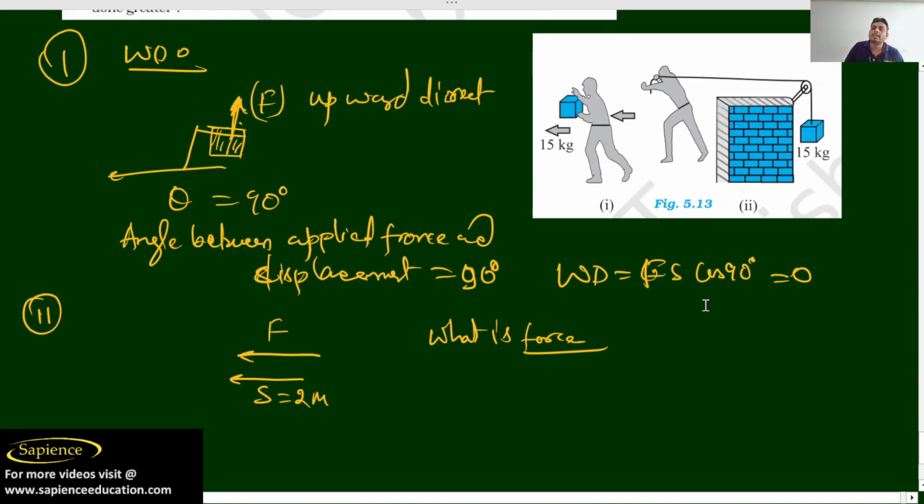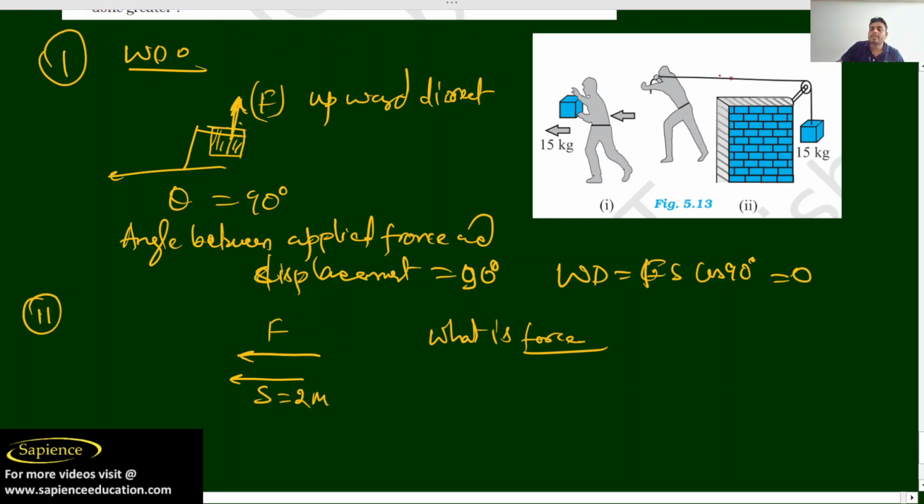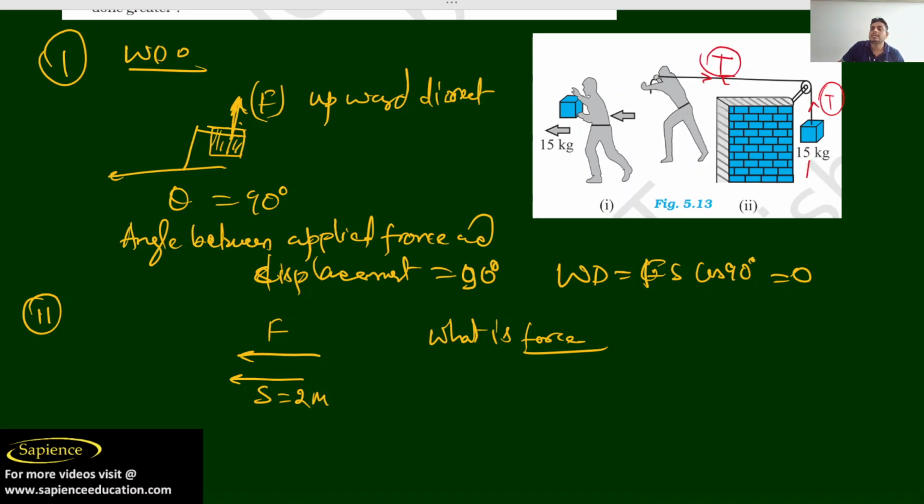The force applied by the man is equal to the tension in the string, and tension in the string is what? See this rope, the force applied by the person is equal to tension, and tension is equal to mg, that is force due to gravity.